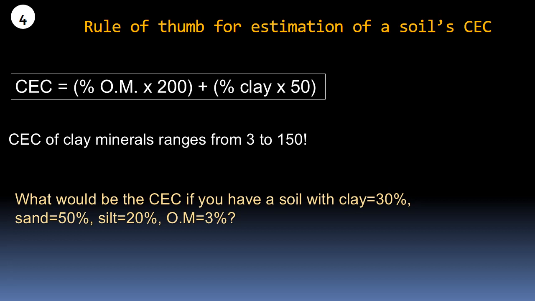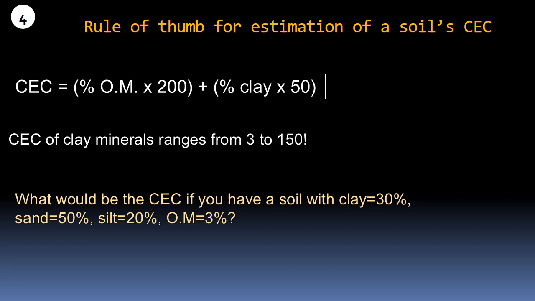And as you can see from this equation, you only need the percentage of organic matter and clay to estimate the CEC. So for an example, if you have a soil that has 30% clay, 50% sand, and 20% silt, and the amount of organic matter is 3%, what would be its cation exchange capacity?